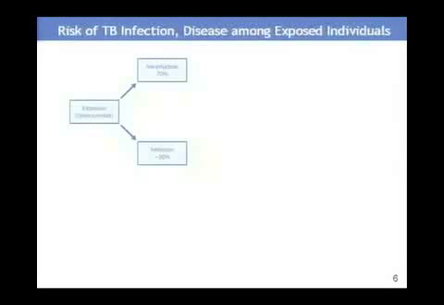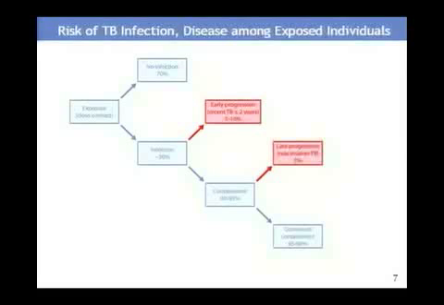I was coughing, and I kept you in this room for a long period of time, lecturing to you. Approximately 30 out of 100 of you, or 30%, would become infected with tuberculosis. Now you can see 70% of you, after prolonged close exposure, would remain uninfected.